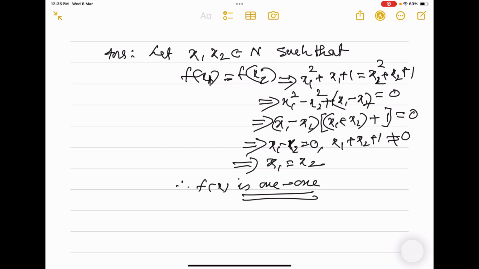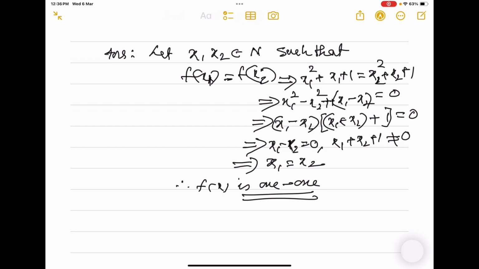Then to prove onto, there are two methods. First one is take the given function as y equal to that function, then find the value of x in terms of y. But in all questions we can't find it like that.